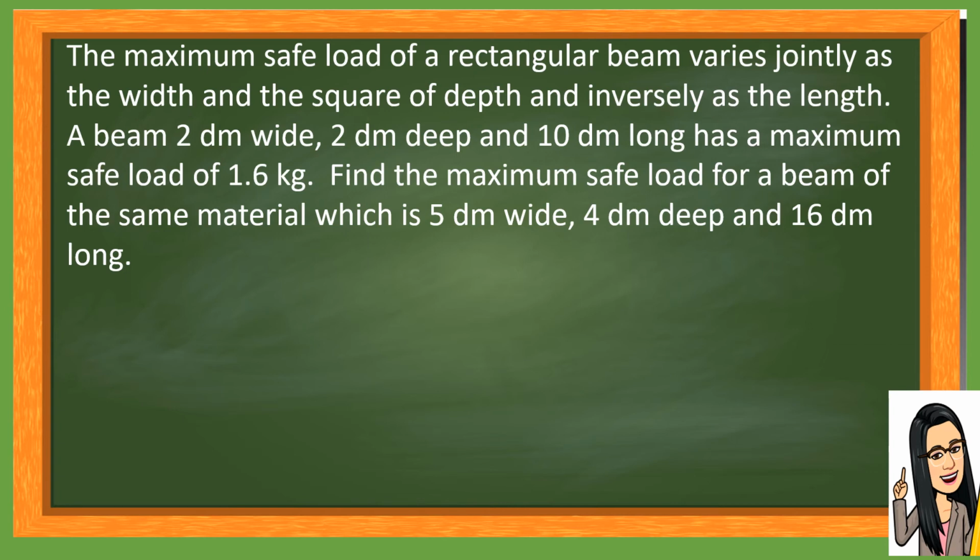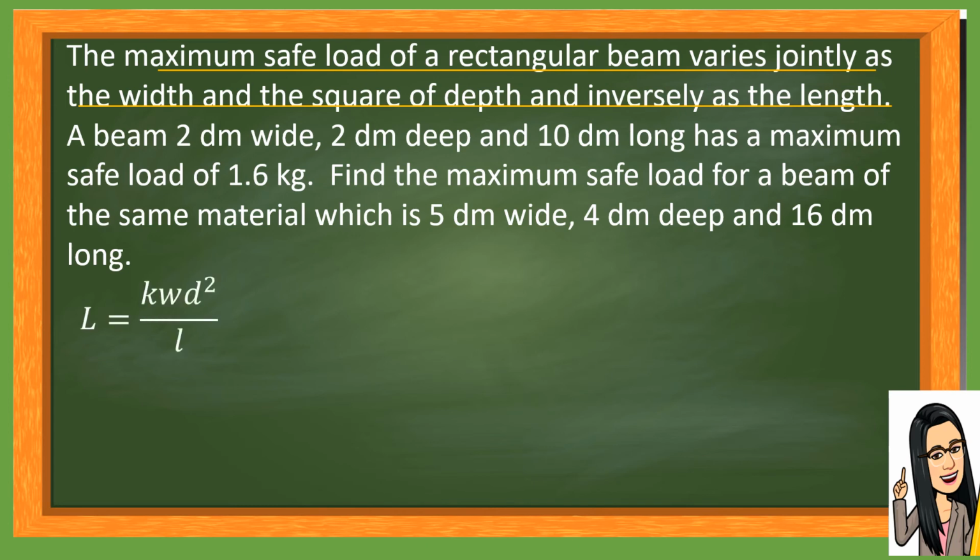Let us translate into symbol the statement: the maximum safe load of a rectangular beam varies jointly as the width and the square of depth and inversely as the length. We will use capital letter L for the safe load, W for the width, D for the depth, and L for the length.